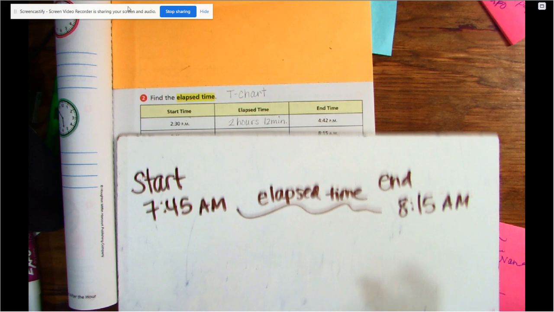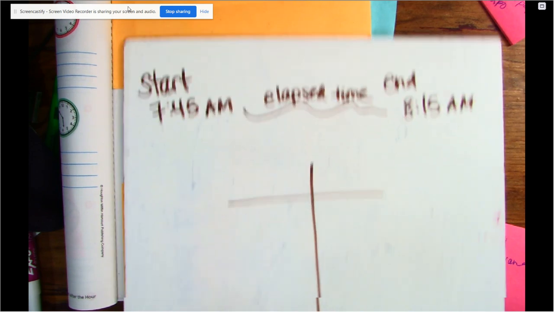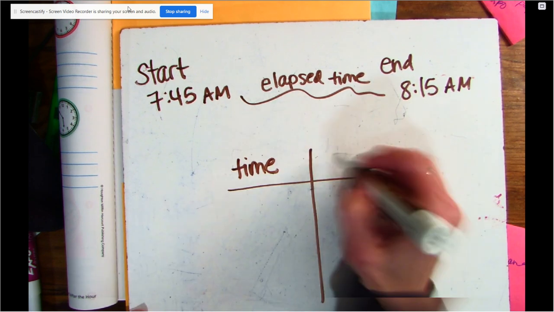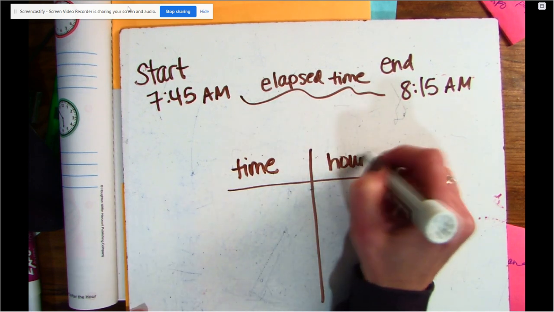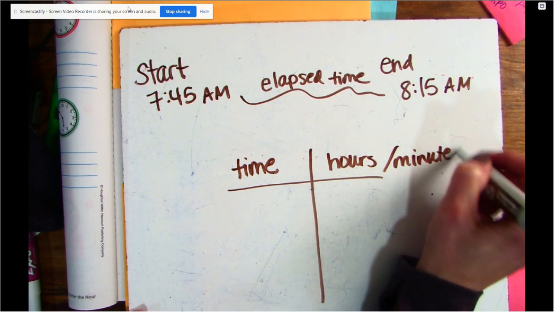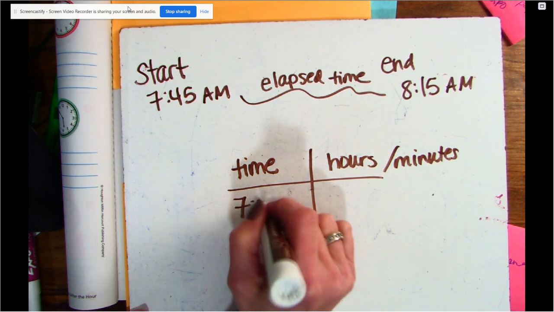Okay, we're going to start by making that T-chart again. Remember, on the left side, we write the times. On the right side, we write hours and minutes. Okay, so we're going to write that start time, 7:45.